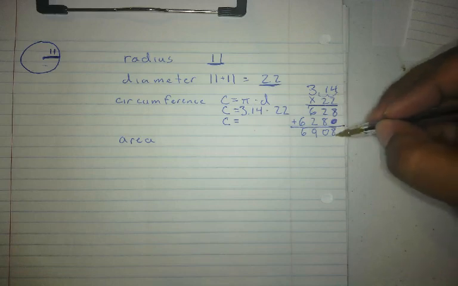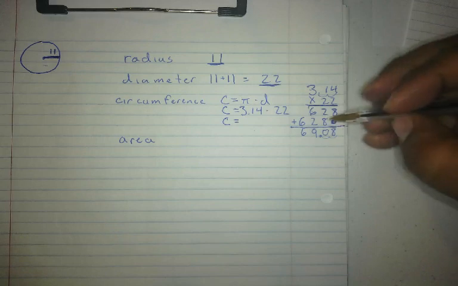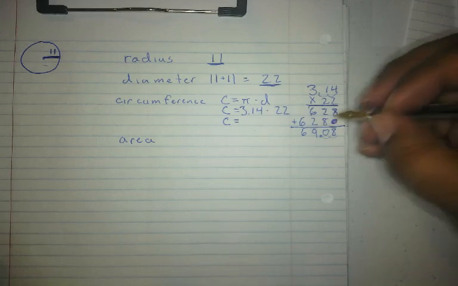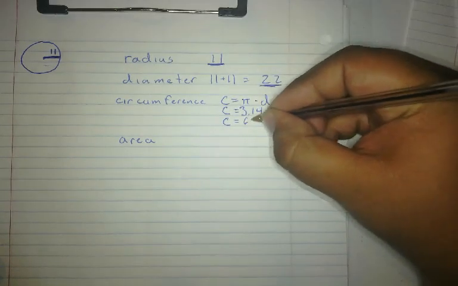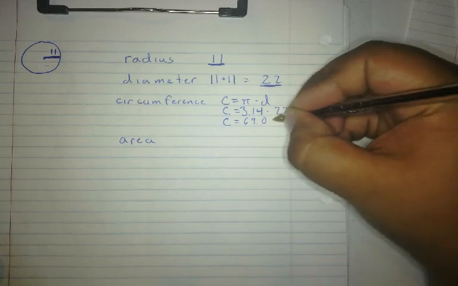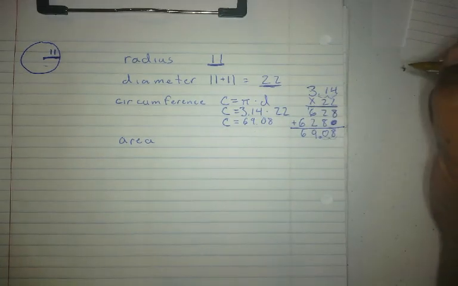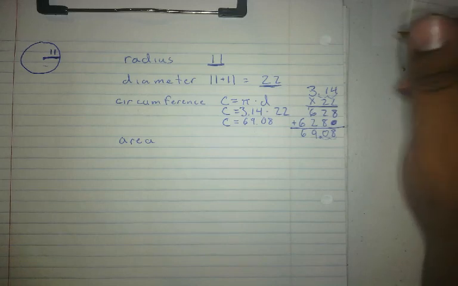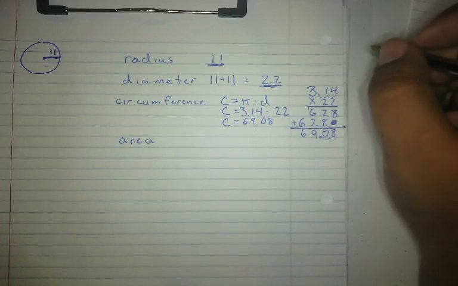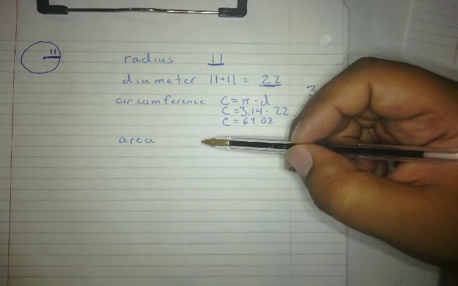So back here I'm going to have 1, 2 decimal place values. So my final answer for my circumference is 69.08. 69 and 8/100ths.